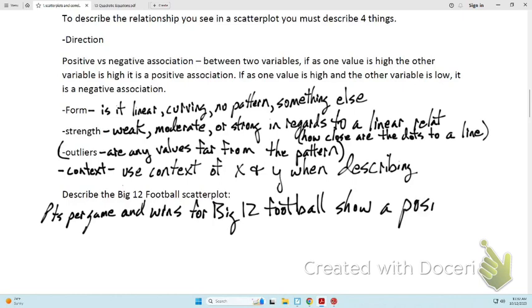As I skim it left to right, it's going up, right? Let's say moderate. If you said weak, that's fine. But I'm going to say moderate linear relationship.